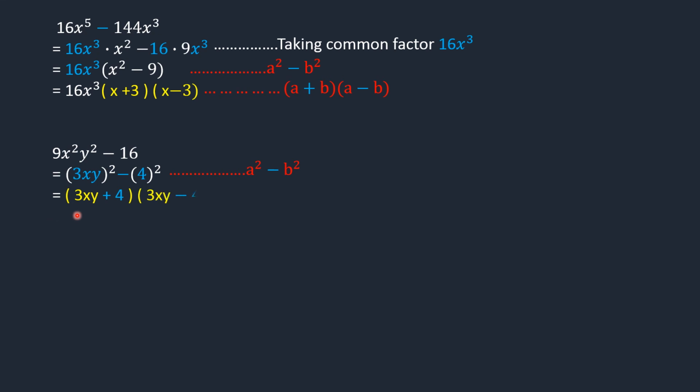Their factors will be 3xy plus 4 multiplied by 3xy minus 4. The square root of 3xy whole squared is 3xy and square root of 4 squared is 4. Give plus sign to one factor and minus sign to the other according to a plus b multiplied by a minus b. So these are the factors of this expression.